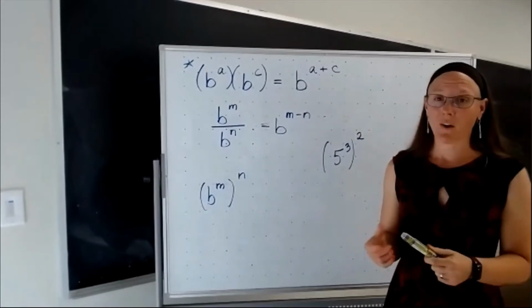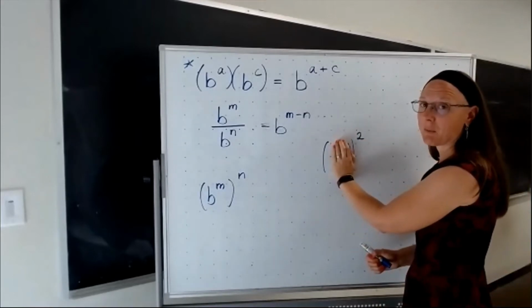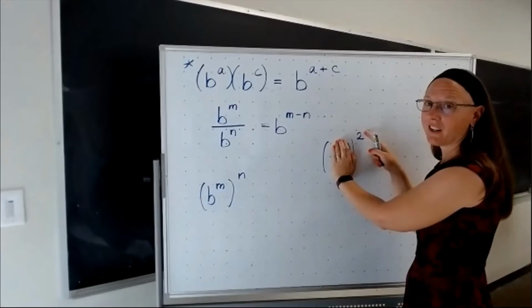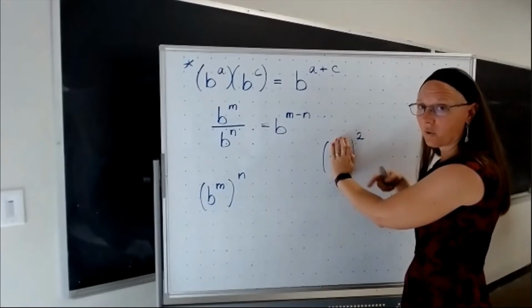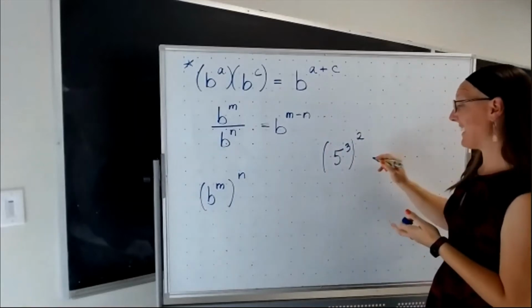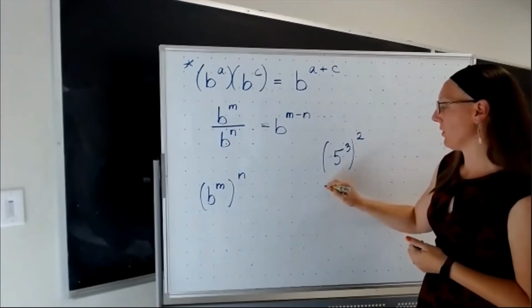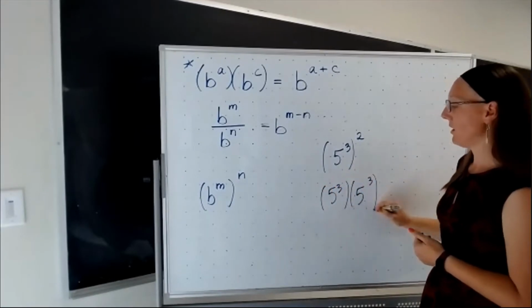So thinking about how exponents work, this whole thing in parentheses, that's my base, and it's being squared. Well, being squared means I'm going to take the whole thing, write it over again twice. So this, if I were writing that in its expanded form, would look like 5 cubed times 5 cubed.